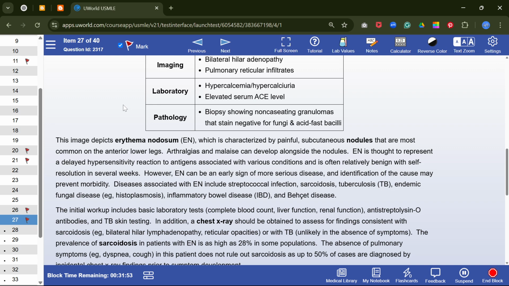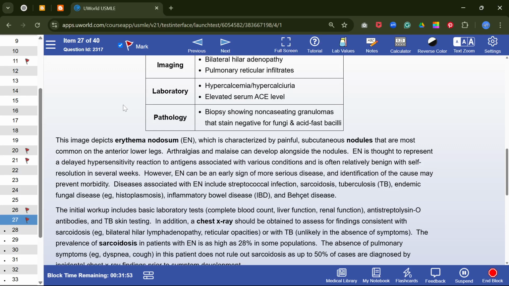Erythema nodosum is thought to represent a delayed hypersensitivity reaction to antigens associated with various conditions and is often relatively benign with self-resolution in several weeks. However, erythema nodosum can be an early sign of more serious disease. Identification of the cause may prevent morbidity.